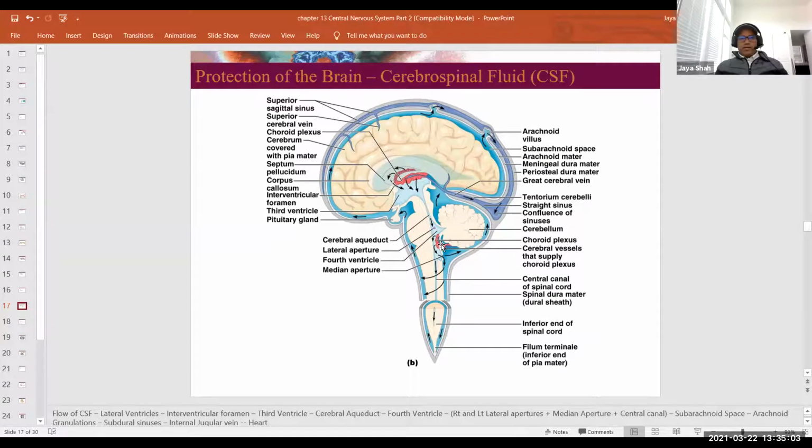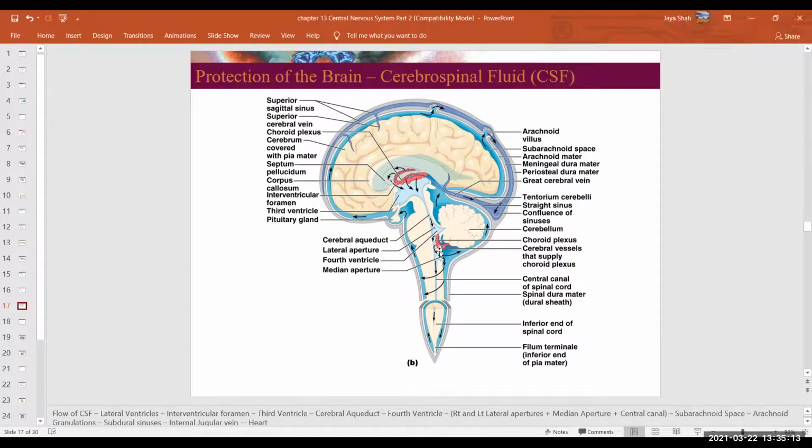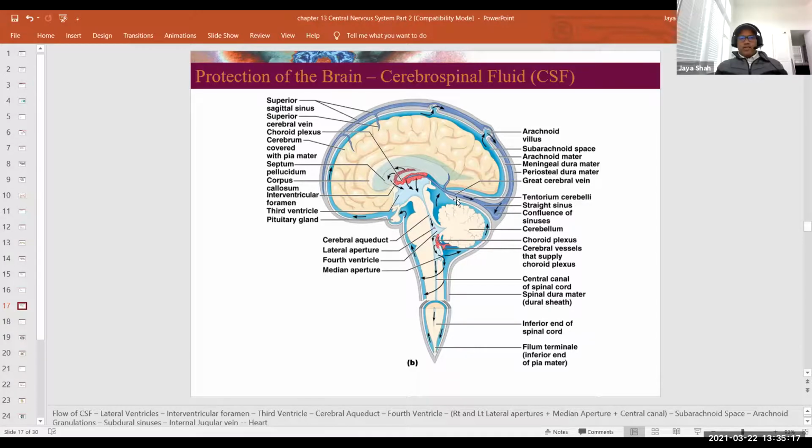From this median aperture, it goes to 3 places. First, it goes around the subarachnoid space around the cerebellum, and then joins the subarachnoid space around the cerebrum.